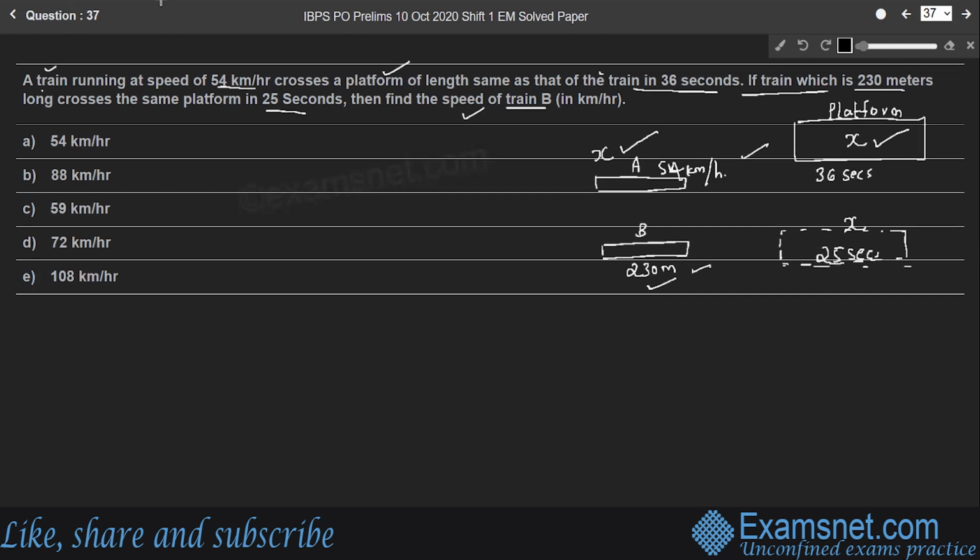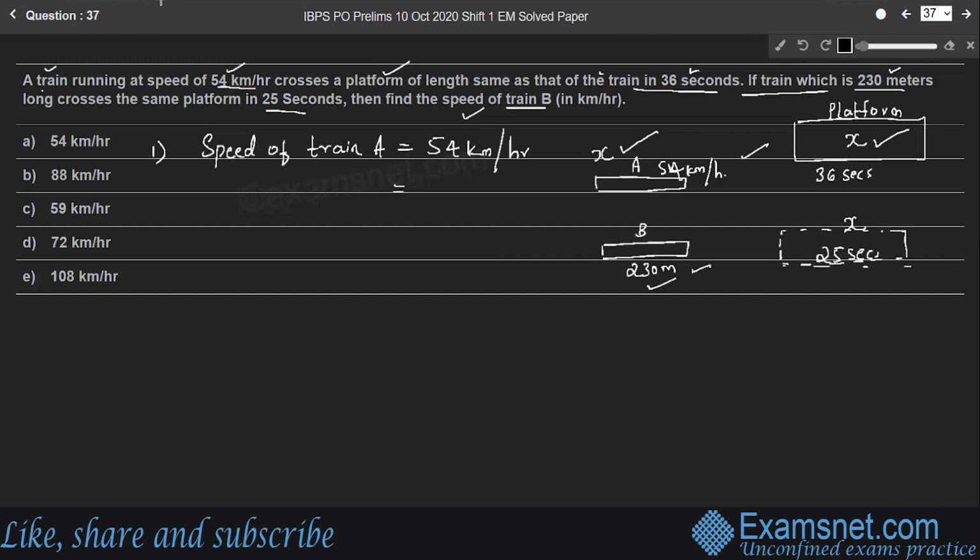So consider the first part, speed of train A is 54 km per hour. Let us express the unit in terms of meter per second, because the time is in seconds and the length of the second train is also in meters.